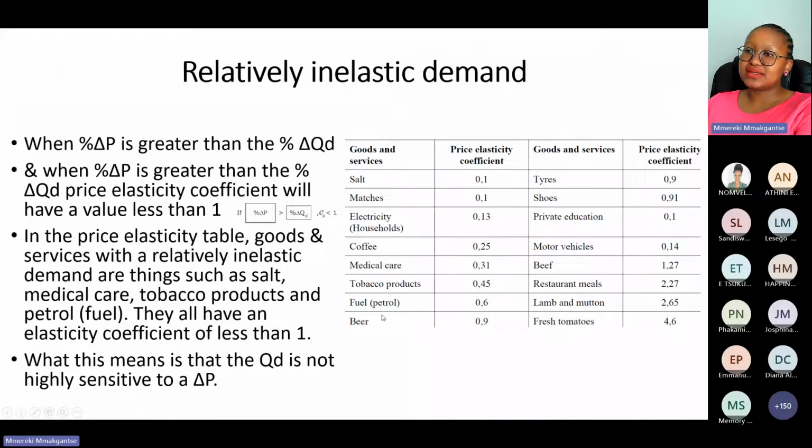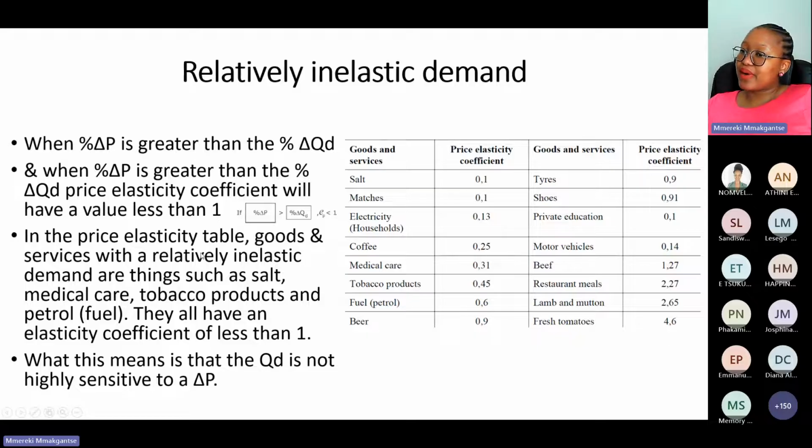All right. Now we are looking at relatively inelastic demand. We say we have an inelastic demand for a good or service when the percentage change in price is greater than the percentage change in quantity demanded.